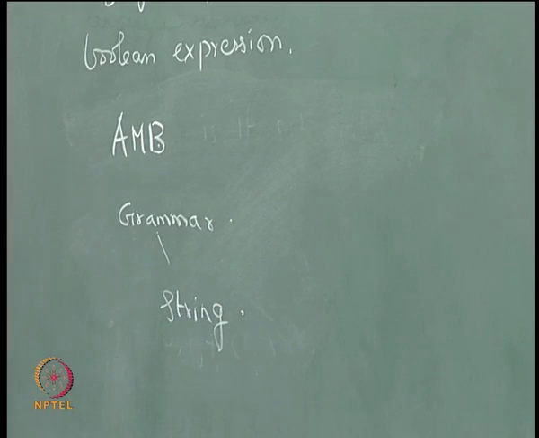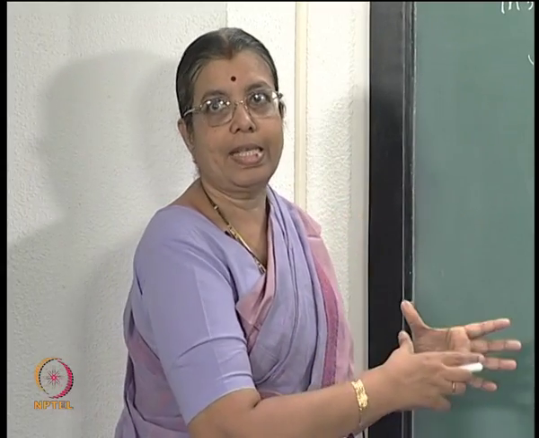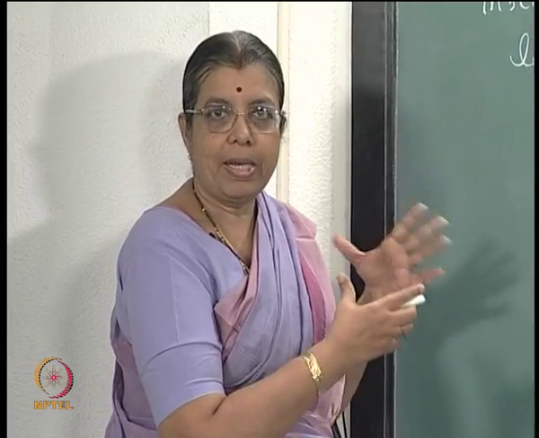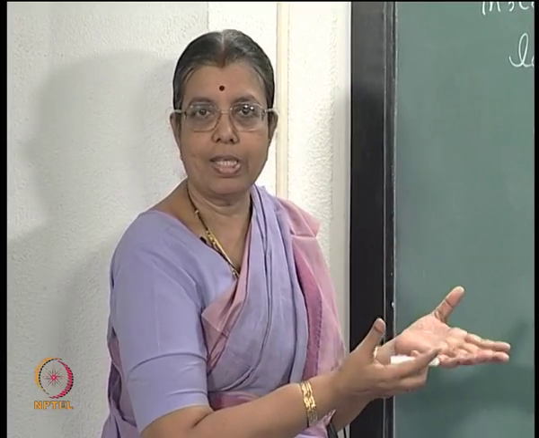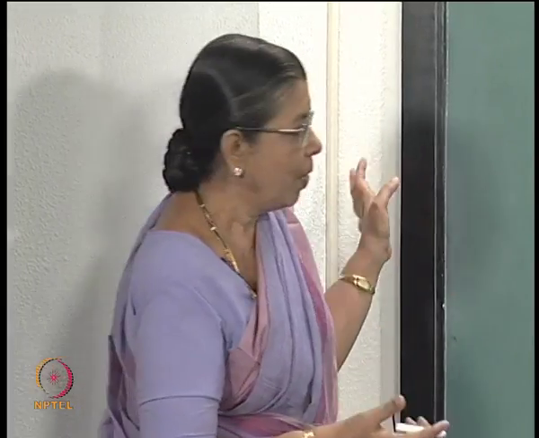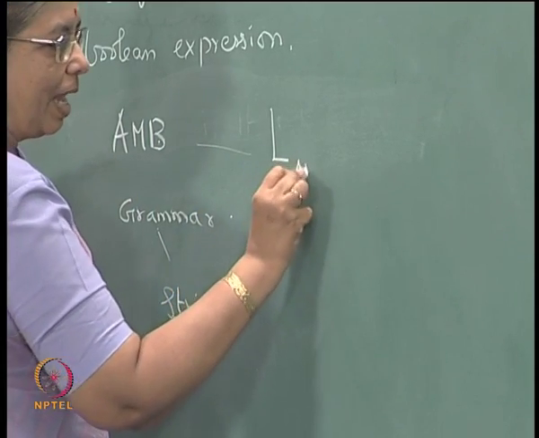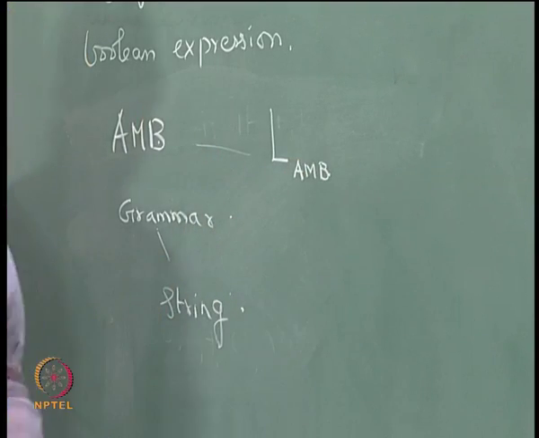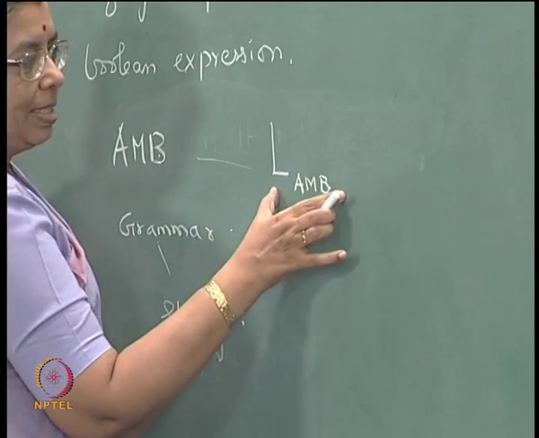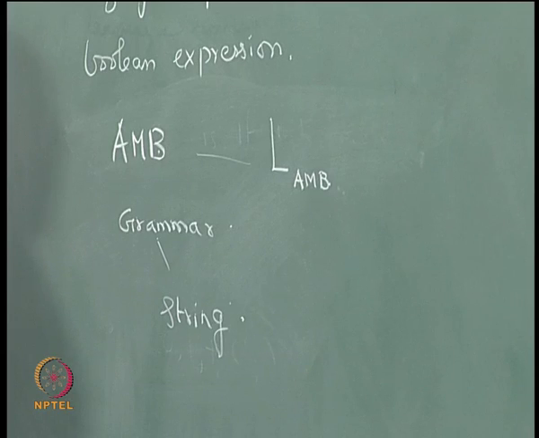If it is decidable, then there will be a Turing machine which will accept all those strings, right, where the grammar is ambiguous, and reject all those strings which are not ambiguous. Okay. So, there will be the corresponding language I can call as L ambiguous, right. This consists of strings which represent grammars which are ambiguous.